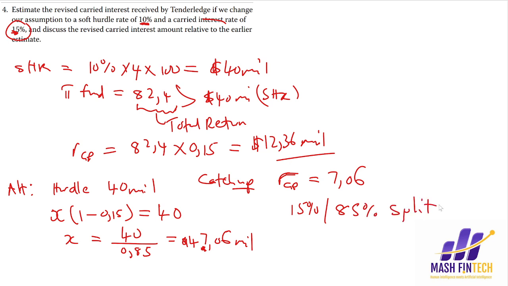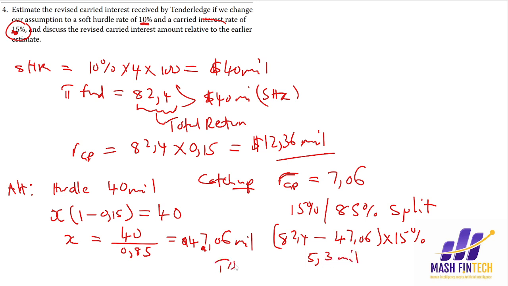After the catch up, we are going to have the profit of 82.4 minus the 47.06 we calculated there, multiplied by 15%. Then if you calculate this, you're going to get 5.3 million.